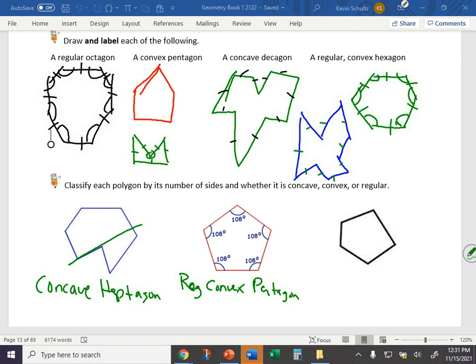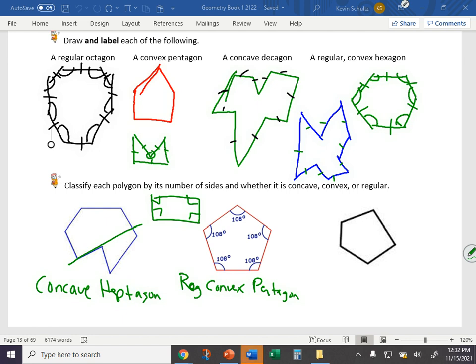I'm requiring you to put both of them on there because I want you to really understand the relationship. But if all angles in a pentagon are congruent, all sides are as well. You have to be a little careful because in a rectangle, all angles are congruent but it's obviously not regular. But in a pentagon, if all angles are congruent, all sides will be also. Valid point. Thanks for bringing that up.